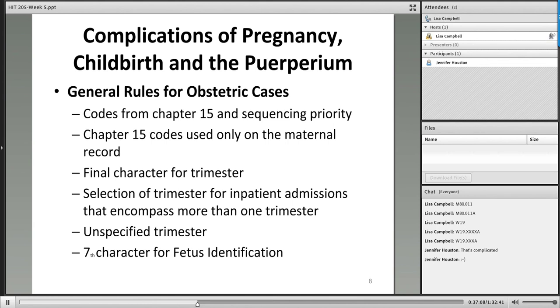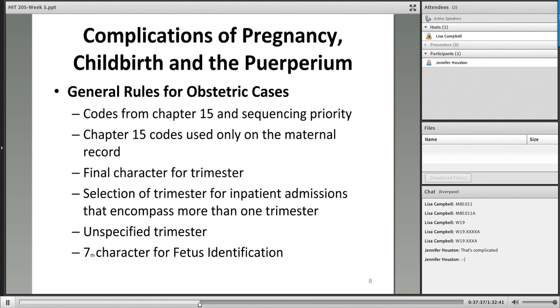When a patient is delivering, the 7th character is used in certain categories to show which fetus had a complication. So why do we need that? Well, think about it. When I first learned about these codes, I said, oh, Octomom. Octomom had a bunch of babies, didn't she?